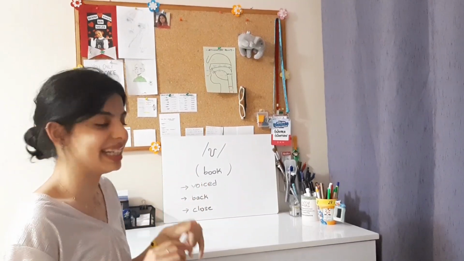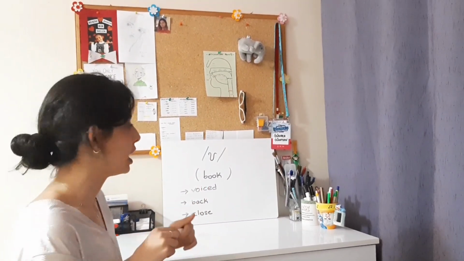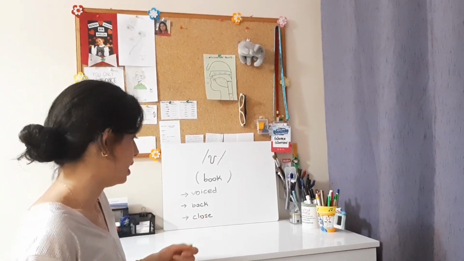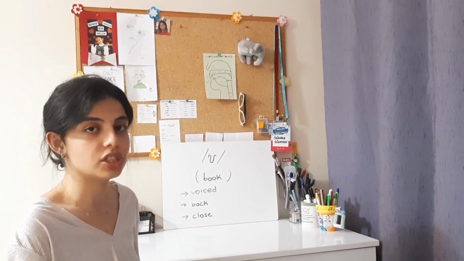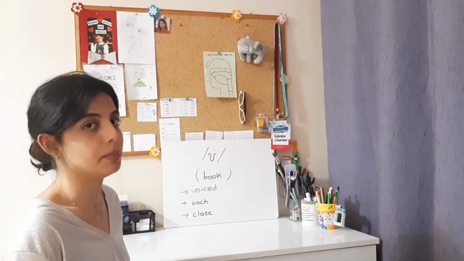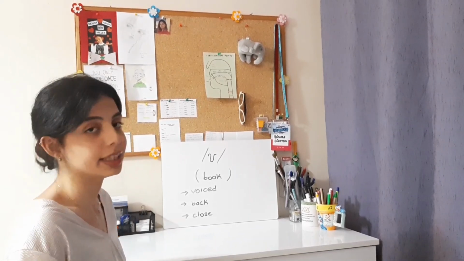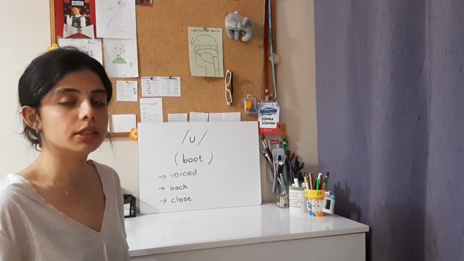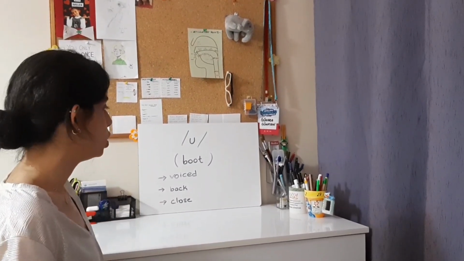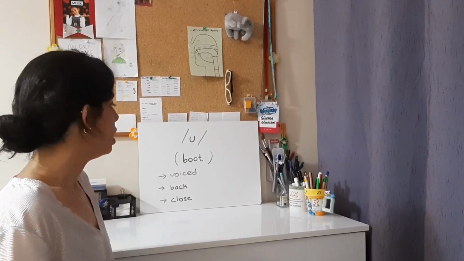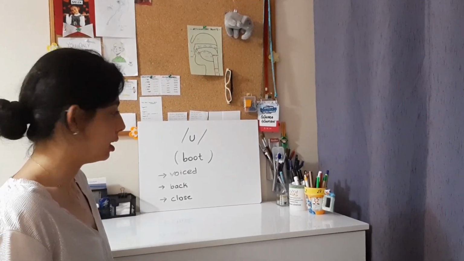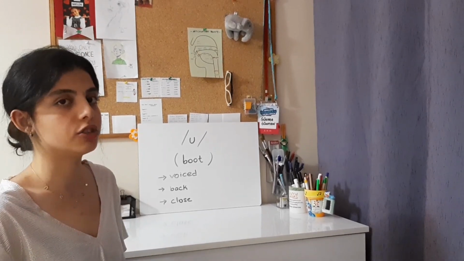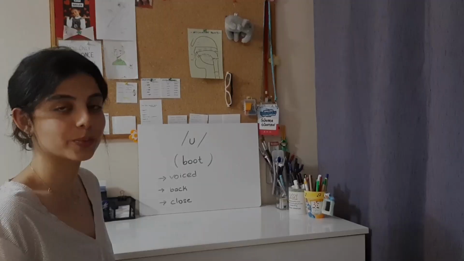This vowel is short U, as in book, and it's voiced, and its place of articulation is back, and manner of articulation is close. Our other vowel is long U, as in boot. It's voiced, and its place of articulation is back, and its manner of articulation is close.